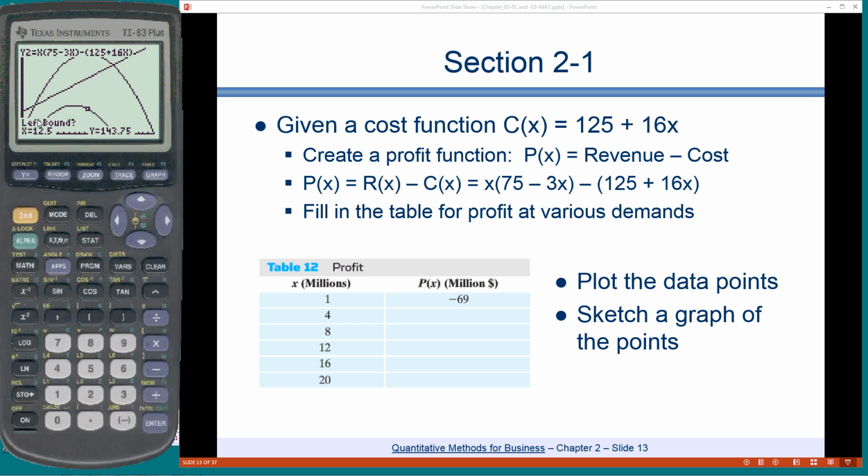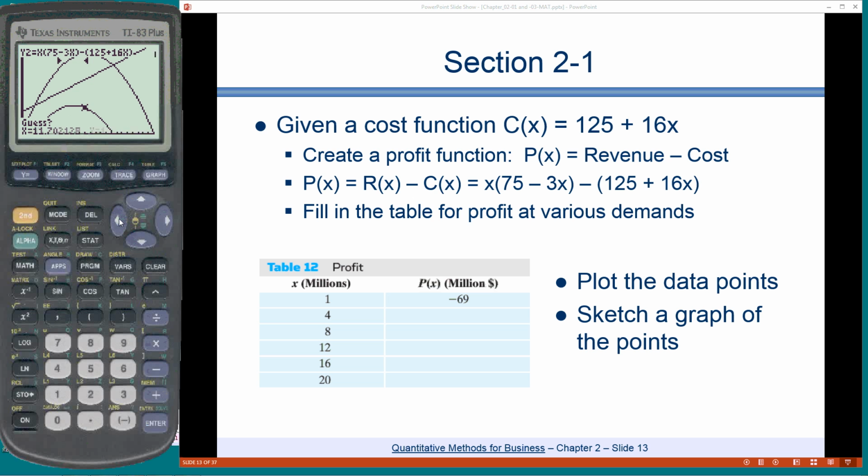It still wants to go through this left bound, right bound, guess process. So I move my cursor over left on the profit equation until it's left of the peak, and I hit enter. And I move it over to the right of the peak and hit enter. And again, it puts our little triangles up here. So it's going to give me the maximum of that graph between those 2 points.